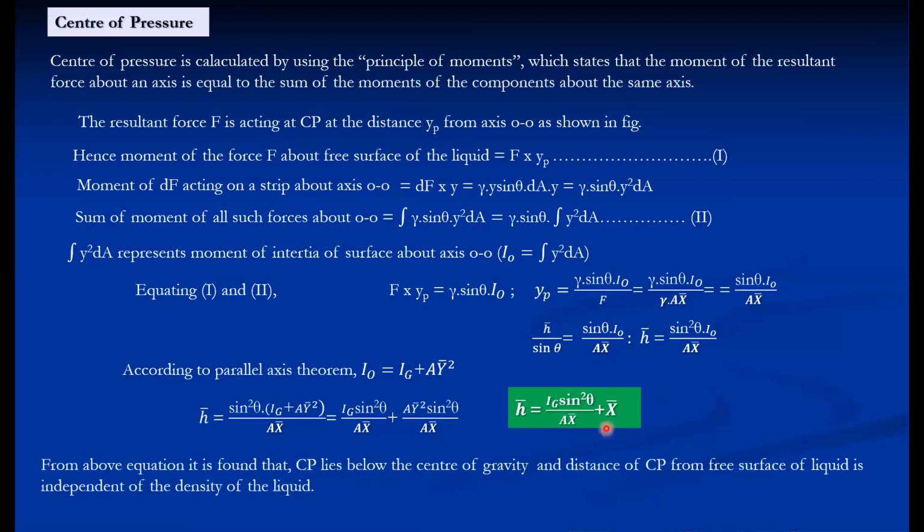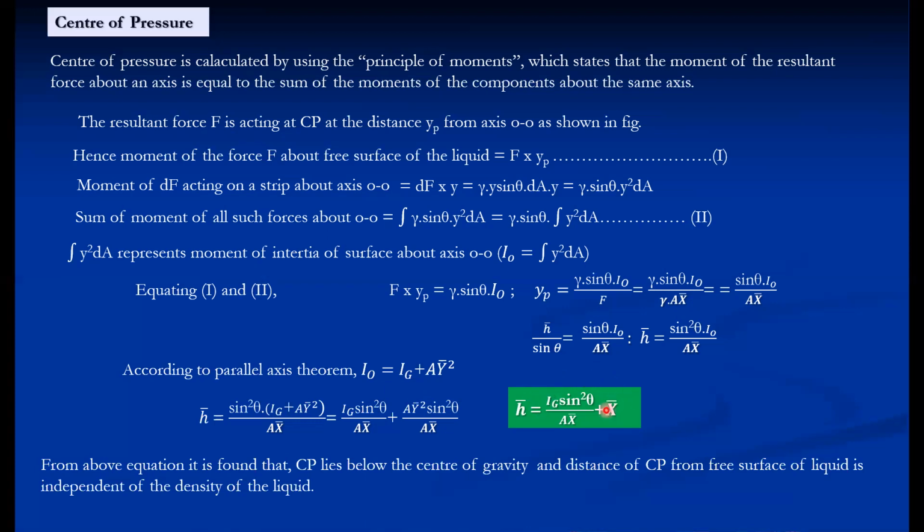From the above equation, it is found that h bar is x bar plus this term. x bar is the distance of Cg from the free liquid surface, and h bar is the distance of Cp from the free liquid surface.